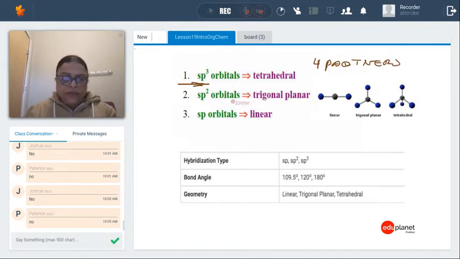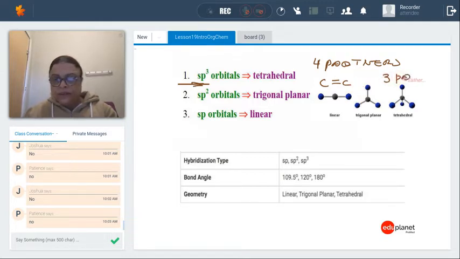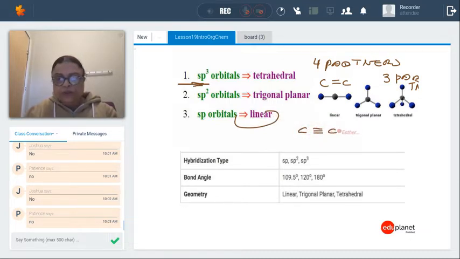When we have sp2, carbon has a double bond, 3 partners. When we have sp, we have a triple bond.